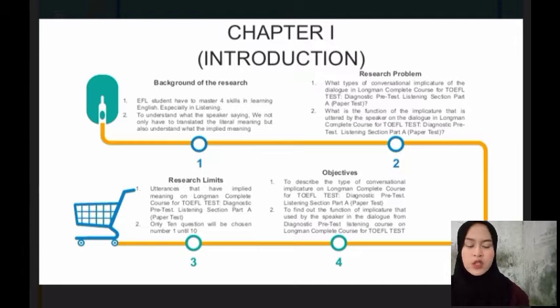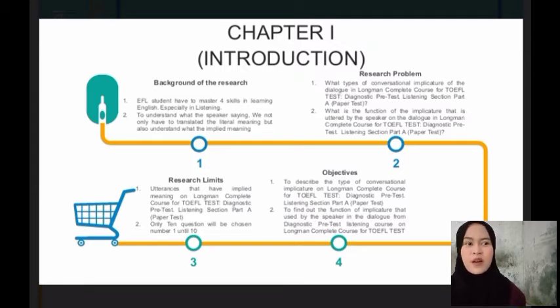While doing listening, both in a national exam or the TOEFL test, we also find it difficult. To understand what the speaker is saying, we not only have to translate it literally, but also understand the implied meaning, right?